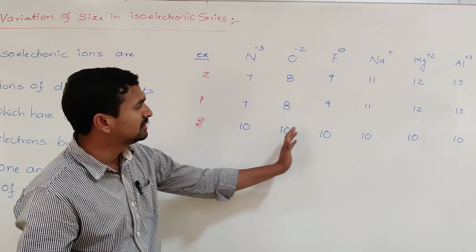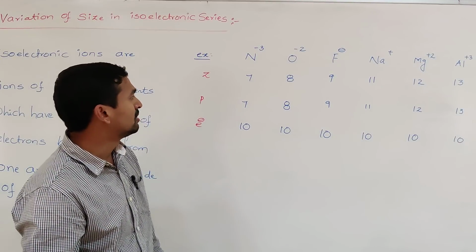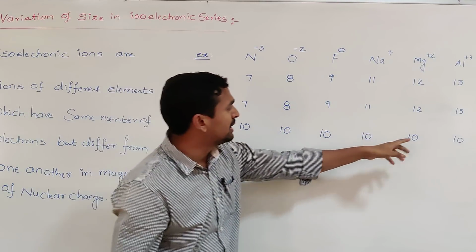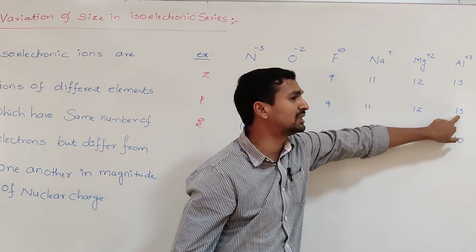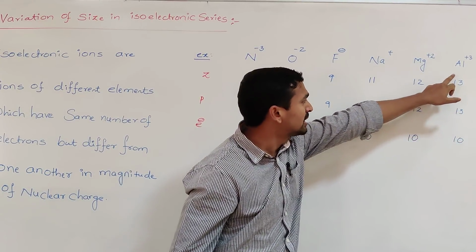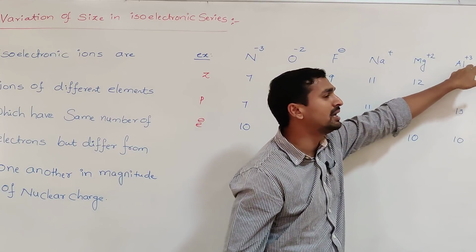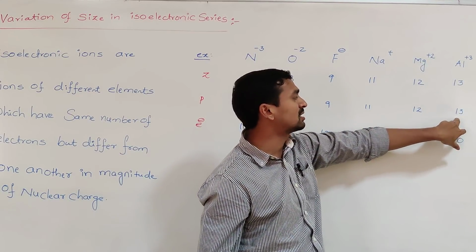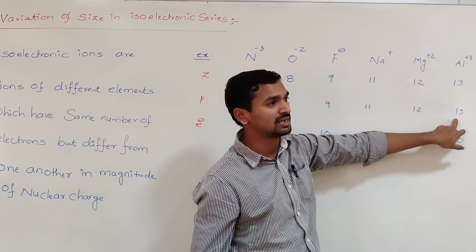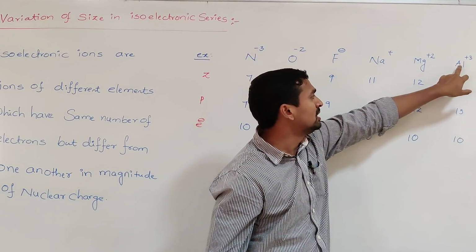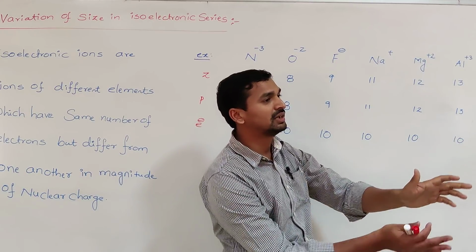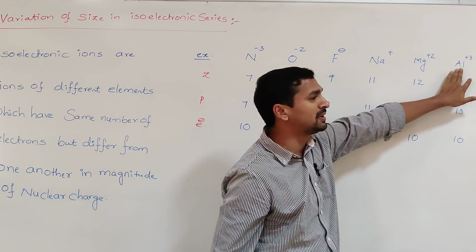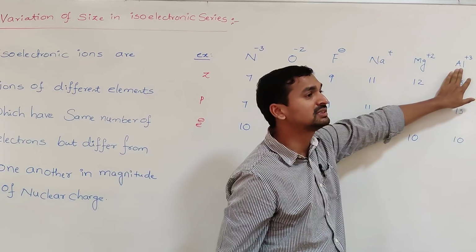Now you can observe among these isoelectronic ions, in the case of Al plus 3, a greater amount of positive charge is there. That's why in the aluminium plus 3 ion, the electrons are strongly attracted toward the nucleus, so the distance to the outermost shell decreases. That's why Al plus 3 is smaller in size.